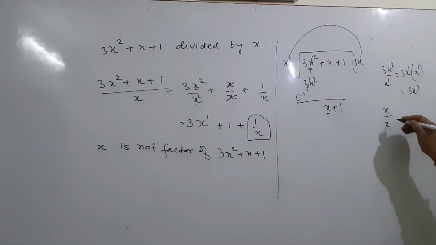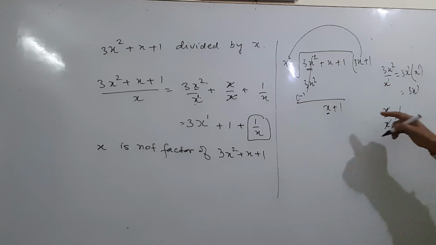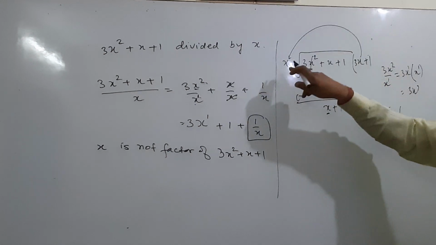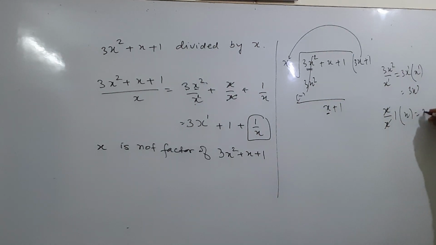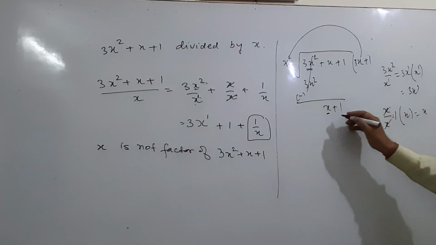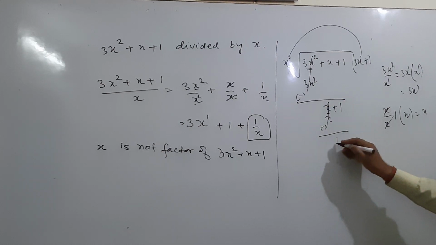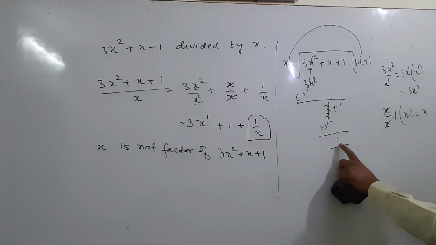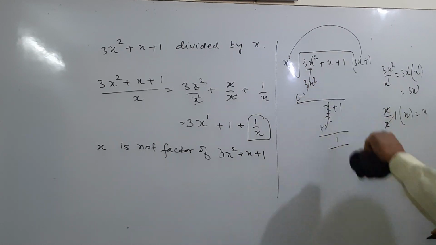X divided by x, this will cut, 1. 1 is again quotient. Multiply this one again to x. 1 multiplied by x is equal to x. Sign change. This will cut, 1. Here the remainder is 1. It means the remainder is 1, x is not a factor of this one.